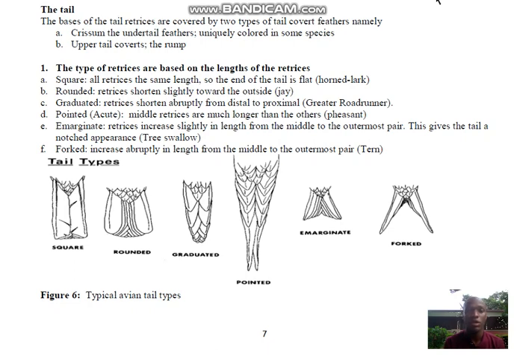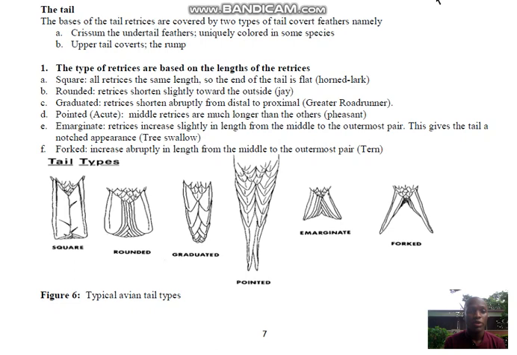A good example is the horned lark. For the rounded, the rectrices are shortened slightly toward the outside. A good example can be seen in the jays.